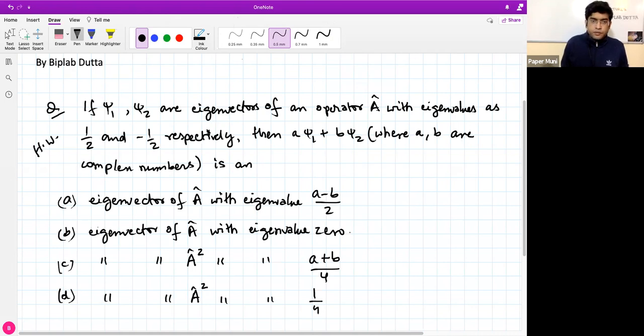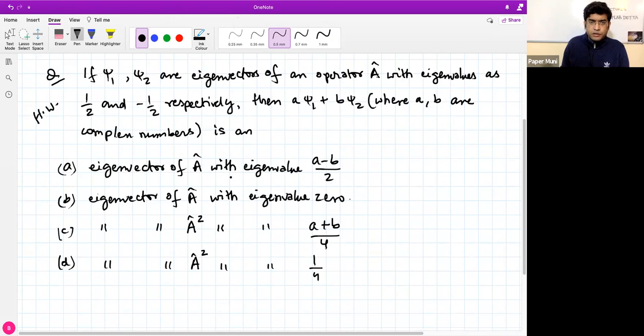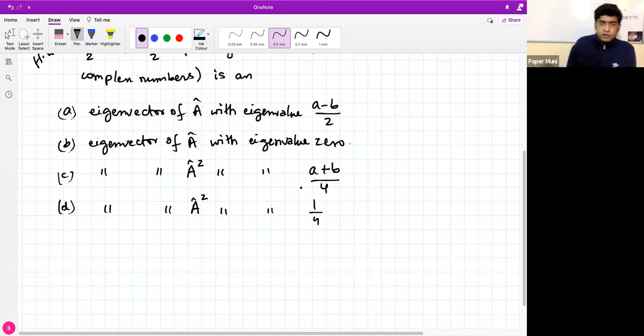Now this question is very straightforward. It says that psi1 and psi2 are eigenvectors of an operator A cap with eigenvalues half and minus half respectively. Then A psi1 plus B psi2 is an eigenvector of what?